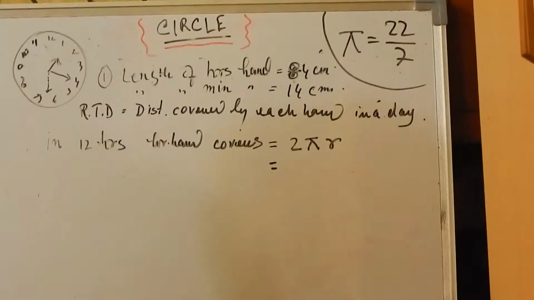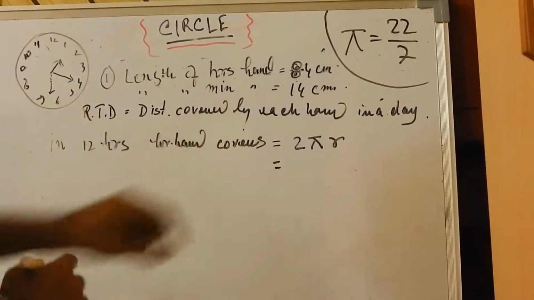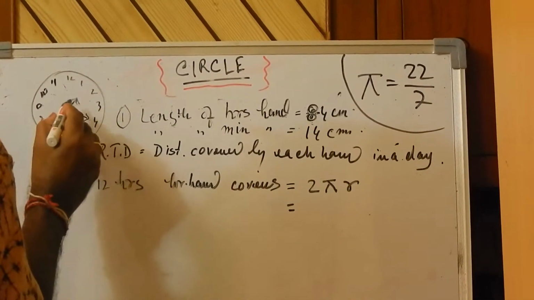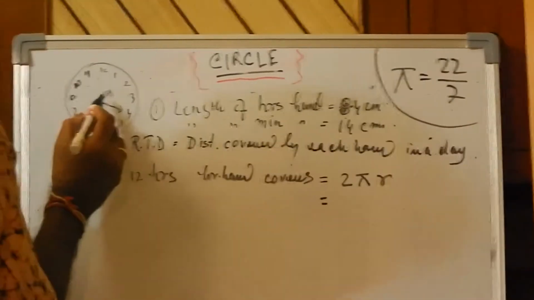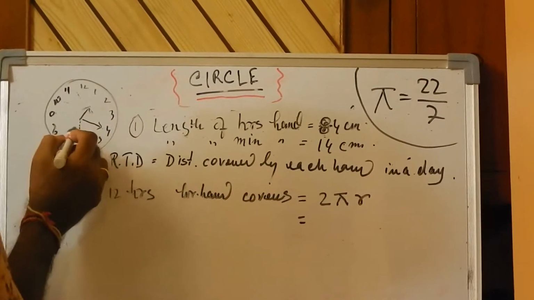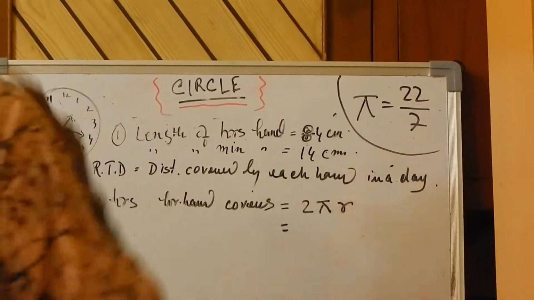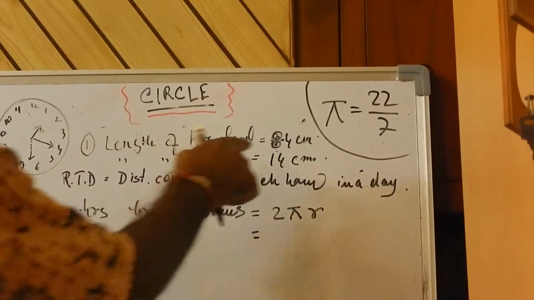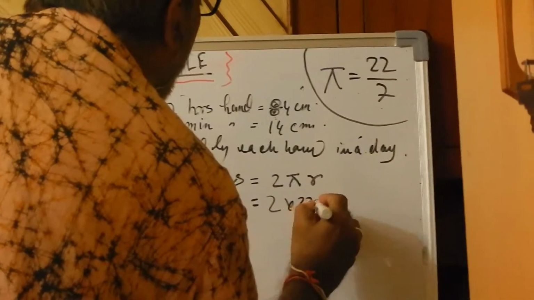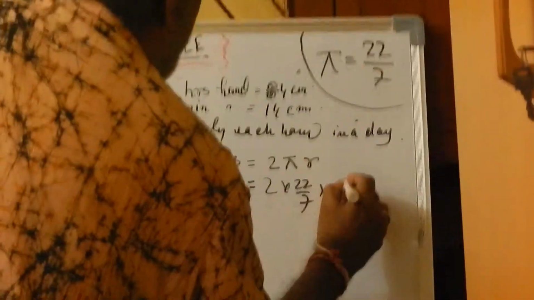In the case of the shorter hand, that is the hour hand, you just imagine a circle is there. So its length is the radius here: 2 into 22/7 into 8.4.